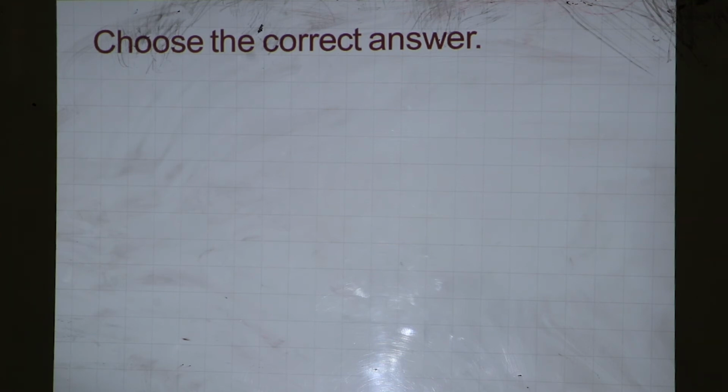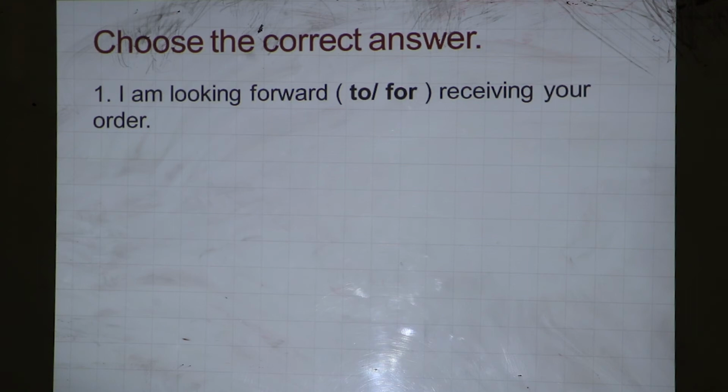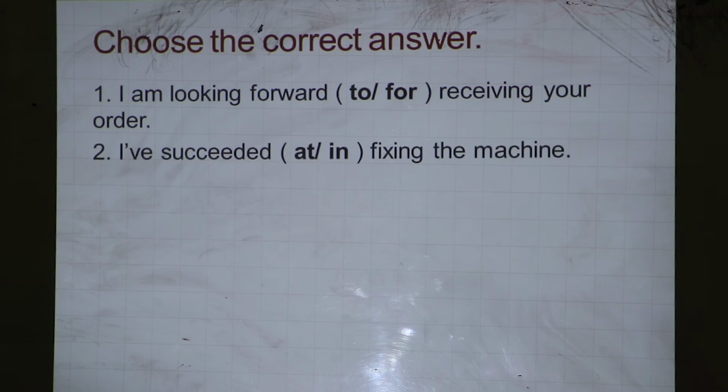Yes, the third exercise is choose the correct answer. Look at number 1. I'm looking forward to or for receiving your order. Number 2, I've succeeded at or in fixing the machine.